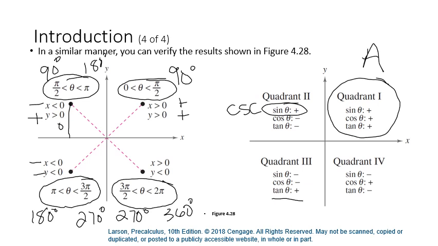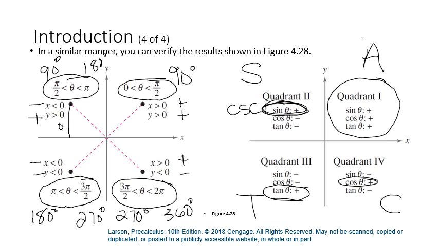And then in the fourth quadrant, we have a positive x and a negative y. So our sine and our tangent are negative, but our cosine is positive. And we have a way of remembering this. Here the sine is positive, here the tangent is positive, and here the cosine is positive.